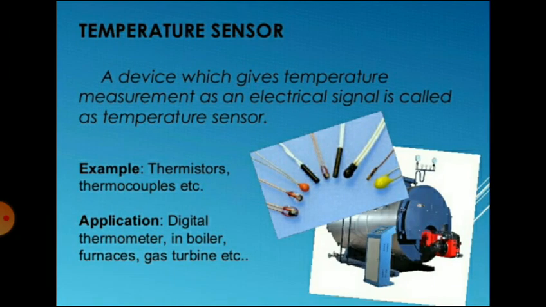A device which gives temperature measurement as an electrical signal is called a temperature sensor. Examples are thermistors, thermocouples, etc. Applications of temperature sensors are digital thermometers, boilers, furnaces, gas turbines, etc.